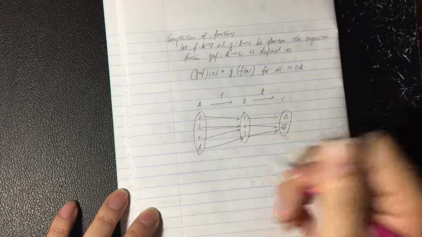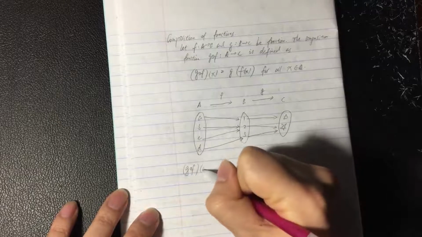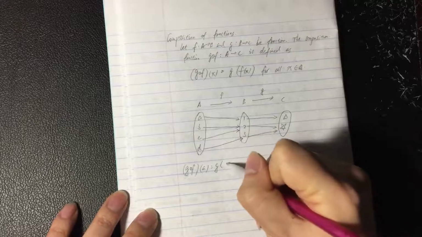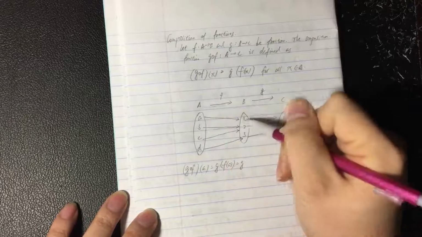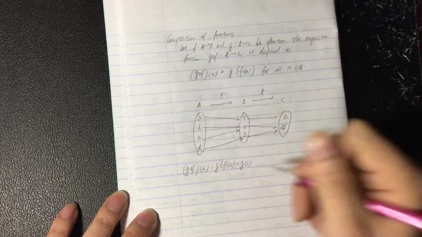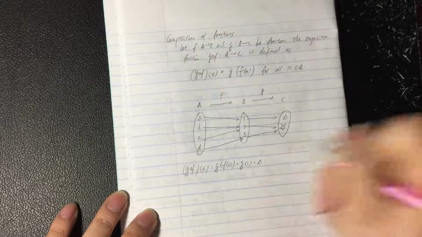The composition function g of f of a, by definition, is g of f of a. f assigns a to 1, so f of a is 1. And g assigns 1 to triangle, so g of 1 is triangle.